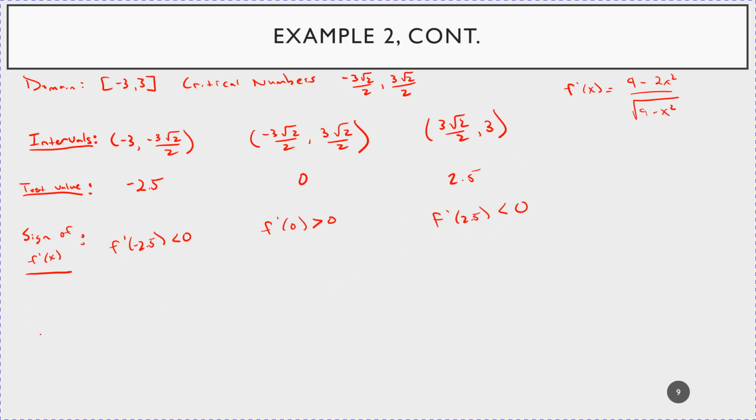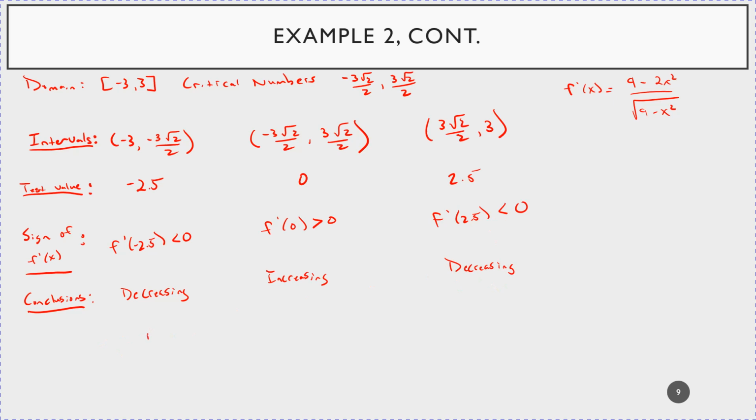So what are our conclusions? In this interval, it's decreasing because the sign of the first derivative is negative. Over here, it's increasing because the sign of the first derivative is positive. And same thing over here, it's decreasing because the sign of the first derivative is negative.